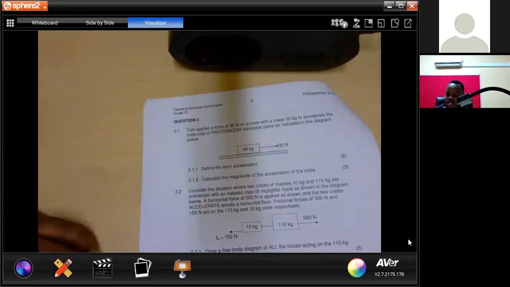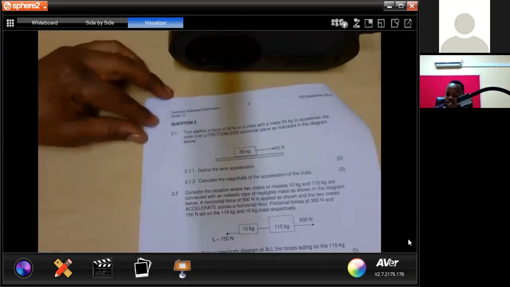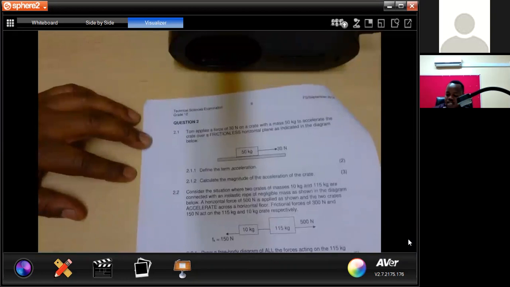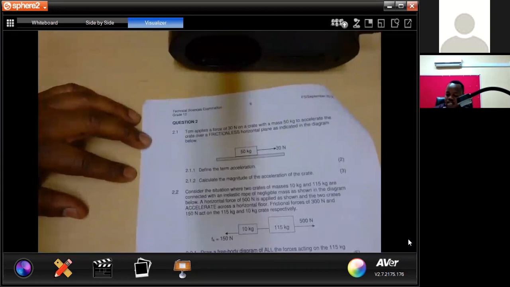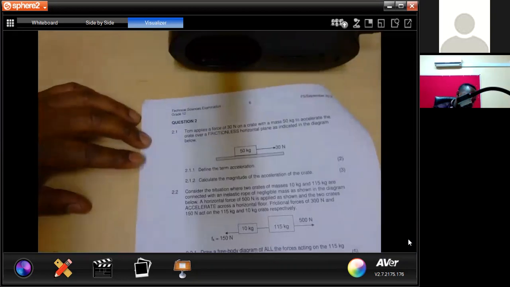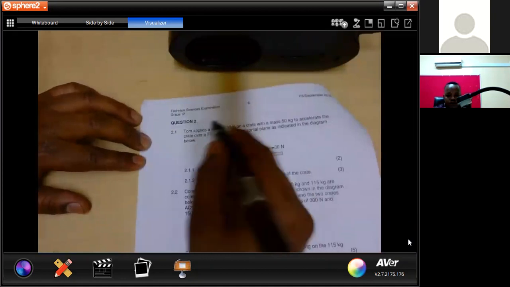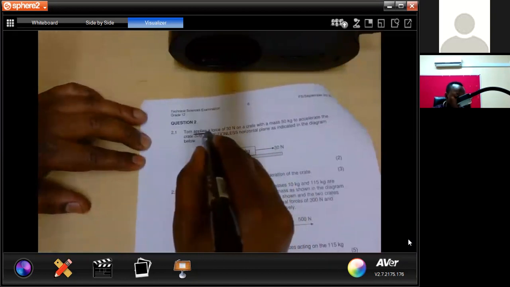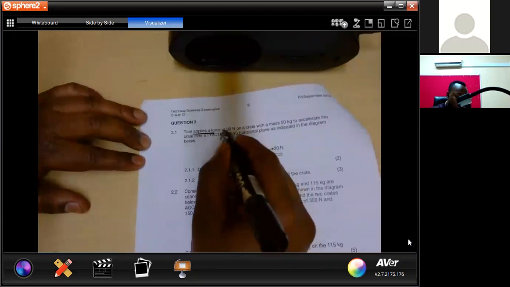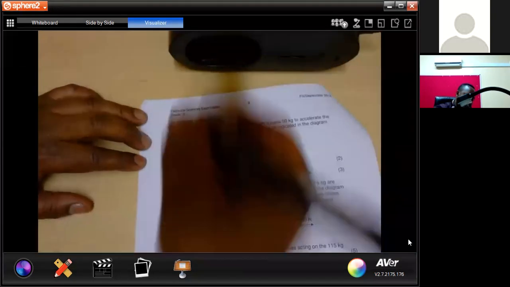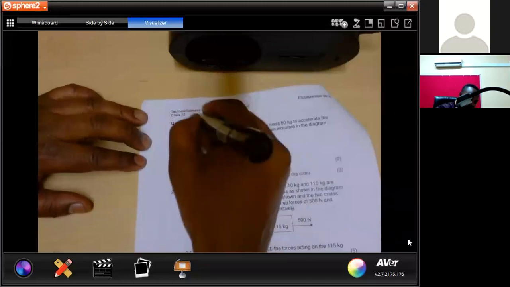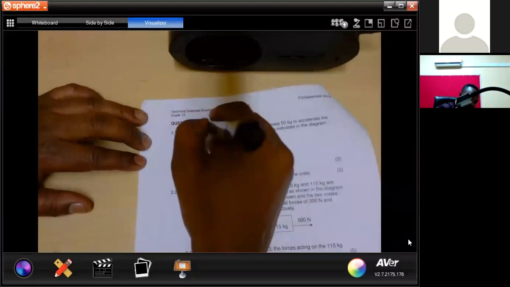Now, when we read here, we need to take into account that there are some words in science, and particularly in technical science, that give a force that is being applied, and it has a magnitude of 30 newtons. So that is the applied force, right? So this symbolizes F applied.